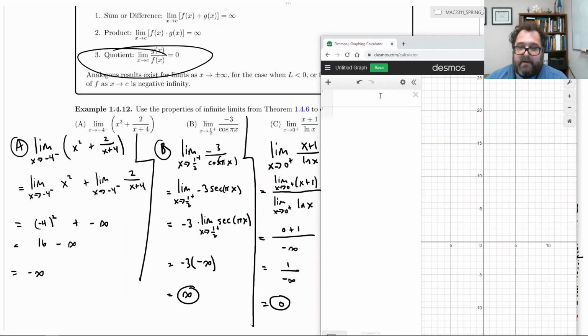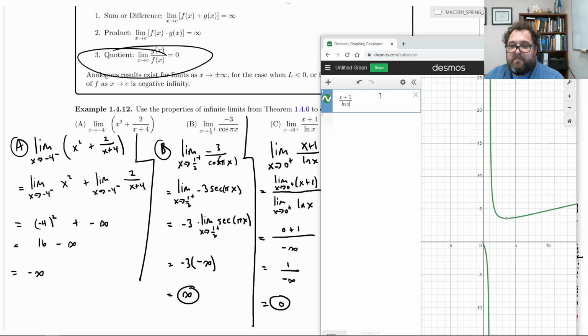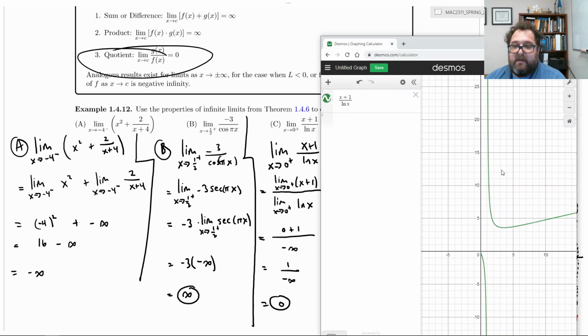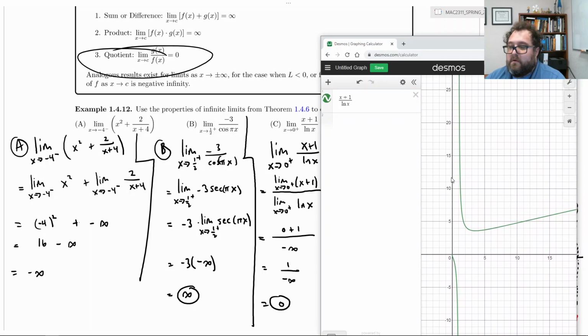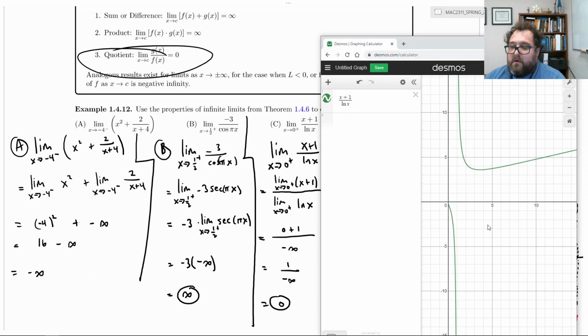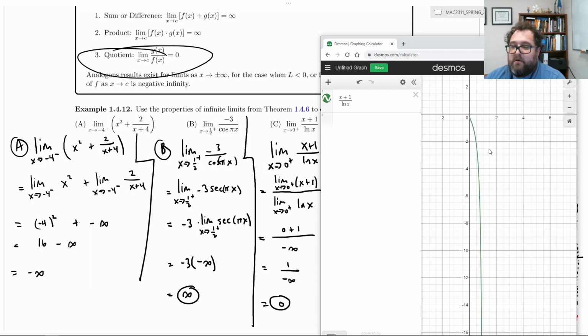The next one was x plus 1 over natural log x. Now, if we approach 0 from the right, we are approaching 0. Notice, if we approach from the right, we're headed towards 0.